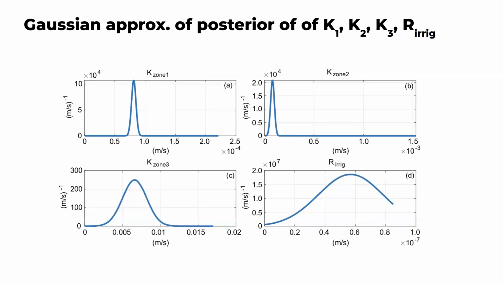These are the marginals of our posterior PDFs. You see that K1 and K2 are really well captured. K3 is reasonably well captured. For irrigation, we're still quite uncertain about it, but certainly it's better than having a uniform random distribution over the initial interval.